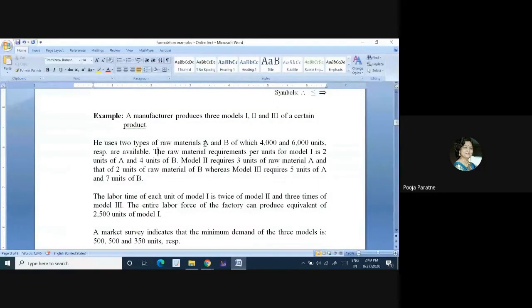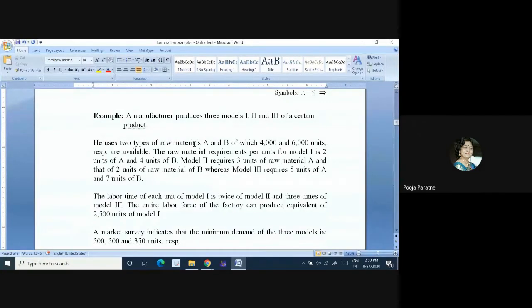As we discussed in the previous lecture, whenever we collect the data in tabular form, the columns must be the variables. Yesterday, in the previous lecture, we have done it. So here the variables we have defined are for models 1, 2 and 3. So obviously these are my columns.